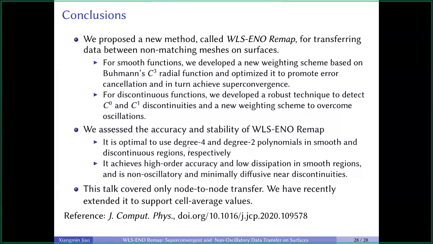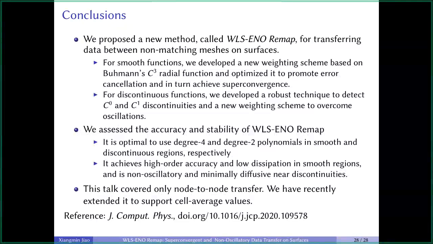So our conclusion in terms of numerical experimentation is that it's optimal to use degree 4 polynomials in smooth regions and reduce to degree 2 polynomials in discontinuous regions using the ENO weights. And it achieves higher order accuracy and low dissipation in smooth regions, and non-oscillatory and minimally diffusive behavior near discontinuities.